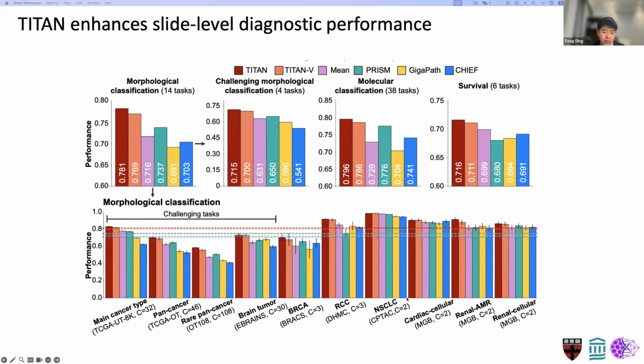And we also evaluate the models on several non-cancer datasets, including renal transplant rejection prediction, and also 38 other tasks of molecular classification, and also the survival prediction on TCGA.